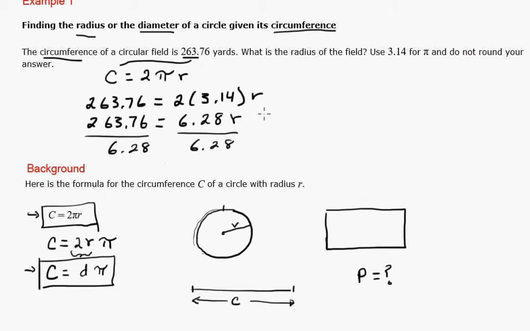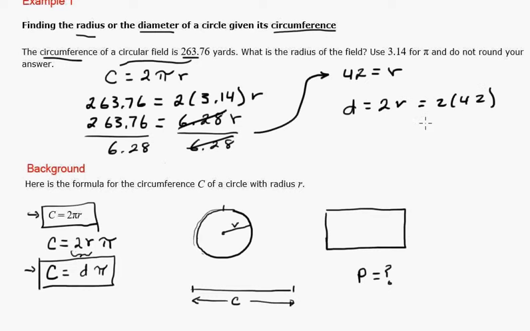Obviously these cancel, so we get 42. So the radius is 42, and if we wanted to know the diameter, that's 2 times r. They didn't ask for that, but it's 2 times 42, so that's going to be 84.